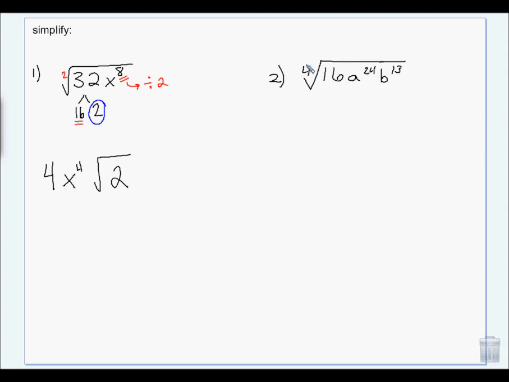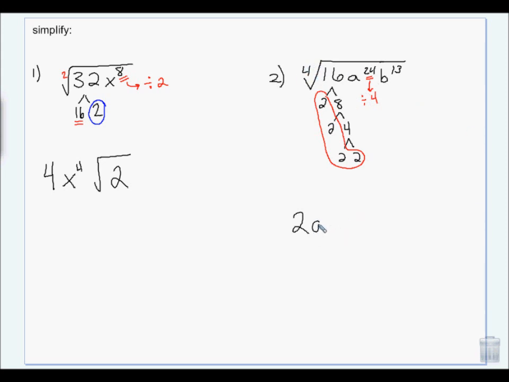Okay, if I have a 4th root, well, 16 is 2 times 8, and 8 is 2 times 4, and 4 is 2 times 2. So I have 4 2's. I'm looking for a set of 4. So I can pull out that 2. Nothing gets left behind on this. I take my exponent and divide it by 4 because I've got a 4th root.